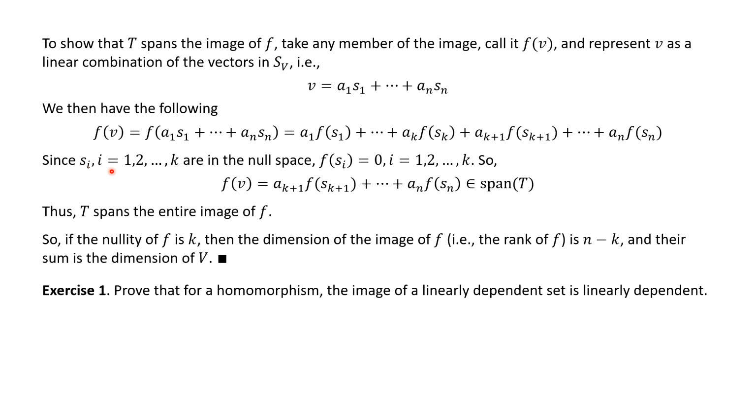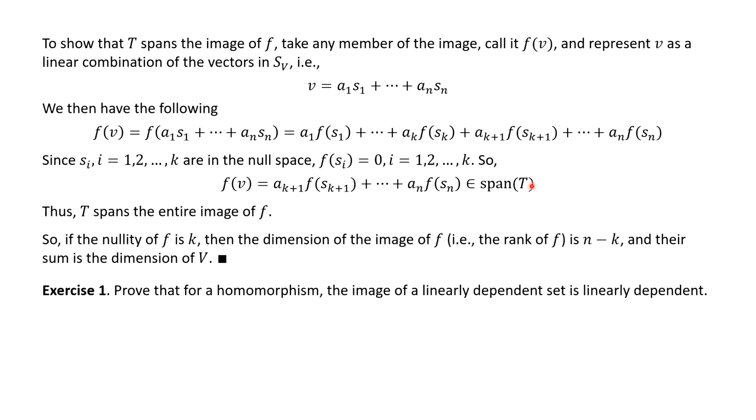Since S sub i for i equals 1 to k are in the null space, then by definition F of S sub i equals 0 for i equals 1 to k. So these all drop out. They're all 0. So we get that F of v equals a linear combination of the F mapping of these additional vectors.